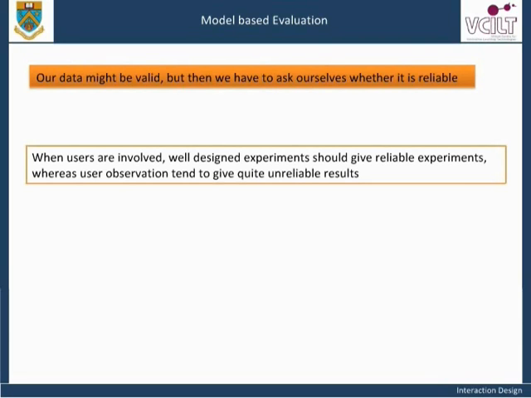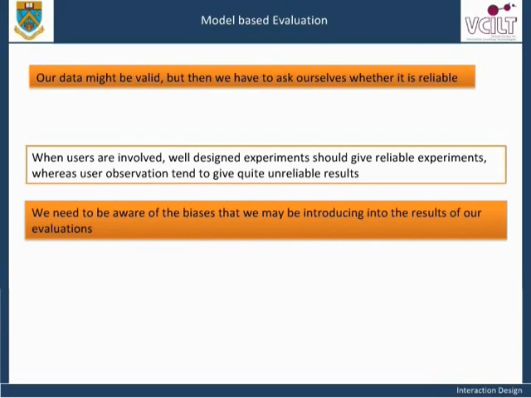When users are involved, well-designed experiments should give reliable results, whereas user observation tends to give quite unreliable results. We might be concerned with reliability when considering whether the system meets certain standards. Meeting standards needs to be shown by reliable evaluations.